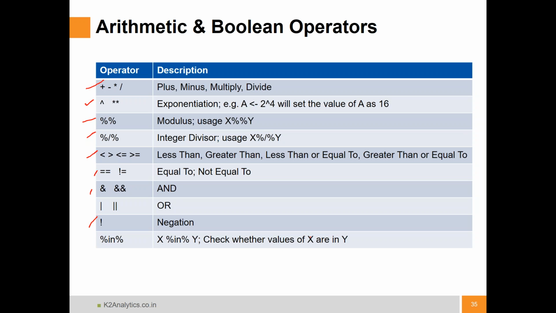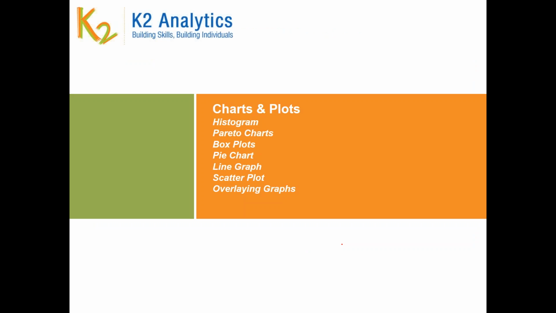This is wrong: it checks values of x in y, and checks values of y in x. So these are the arithmetic and Boolean operators, comparator operators, that we keep using. With this, most of the elements typically required in any programming are done.